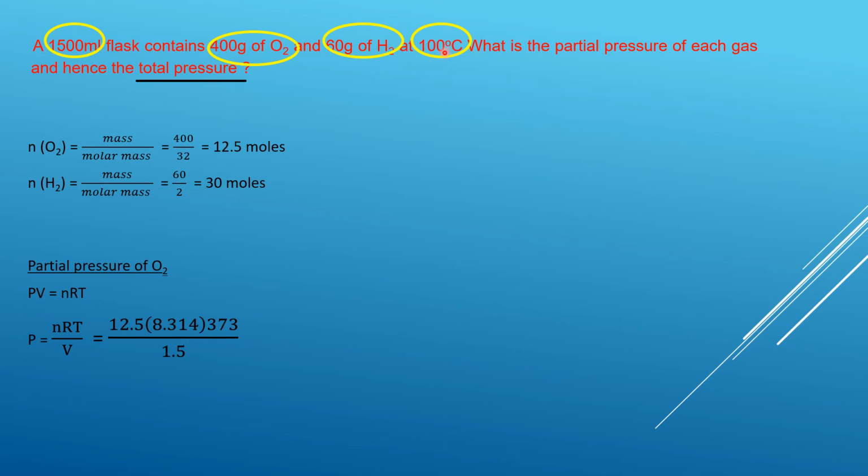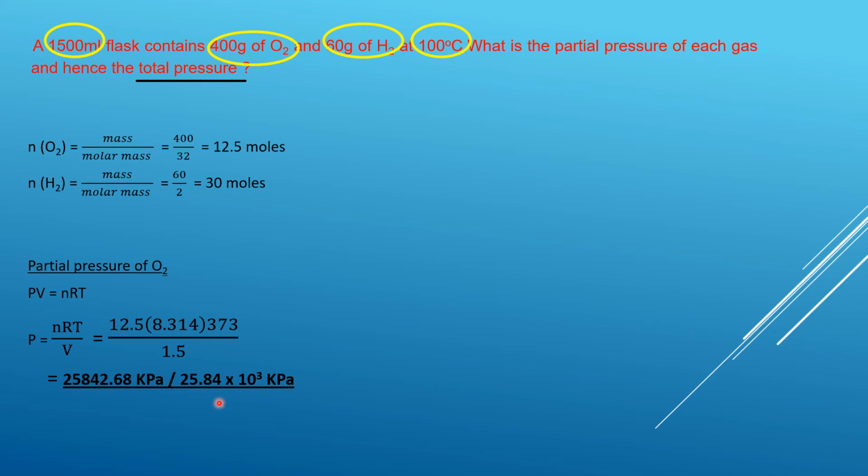So 100 degrees Celsius plus 273 will give you 373, divided by the volume in liters, 1.5. So you get your partial pressure of oxygen as 25.84 times 10 to the power 3 kilopascal. My advice to you here, students, is that if you get your answer in a lot of significant figures, then try to convert this answer into a standard form so that you end up having fewer significant figures with the 2 decimal place answer.